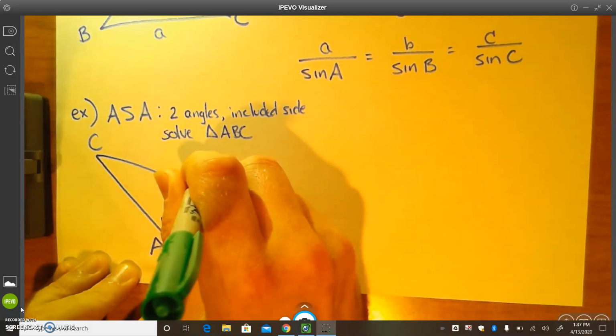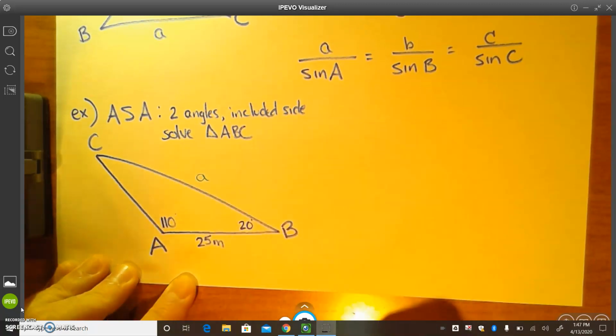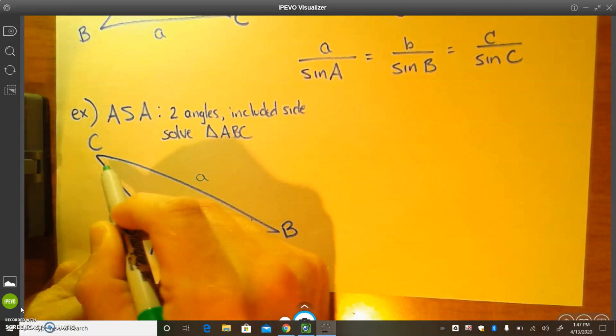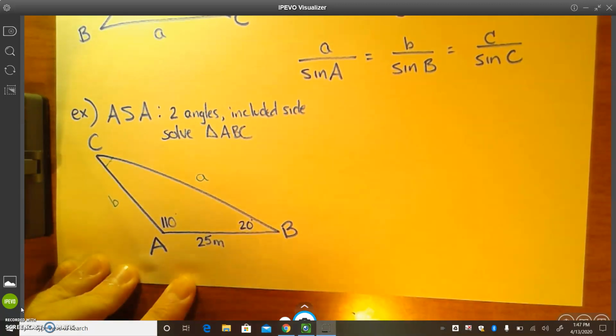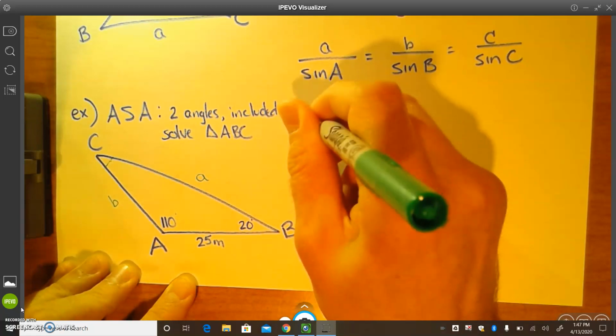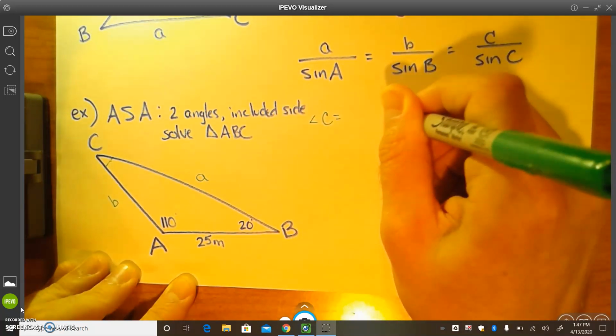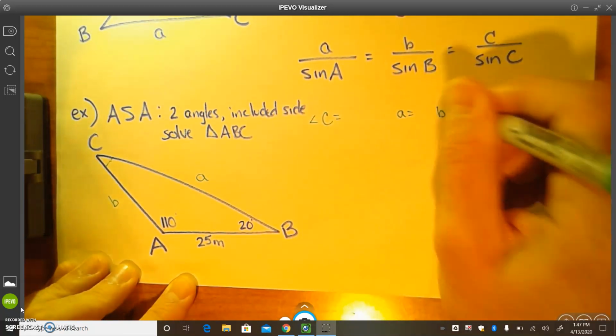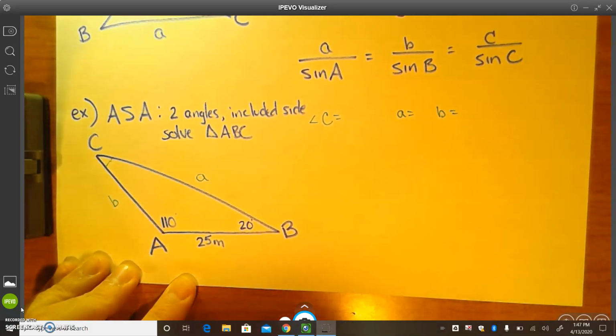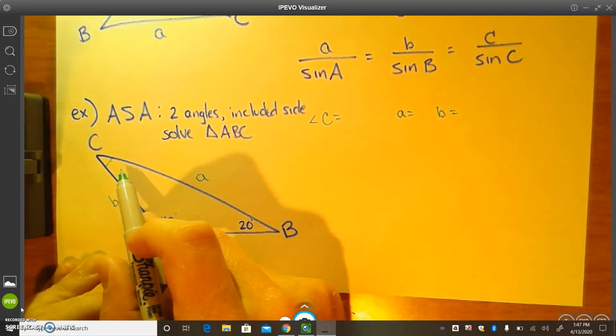So first off, I'm going to label that we need side a and side b, and of course, angle C. So we have three unknowns here. One of them is probably the fastest found.